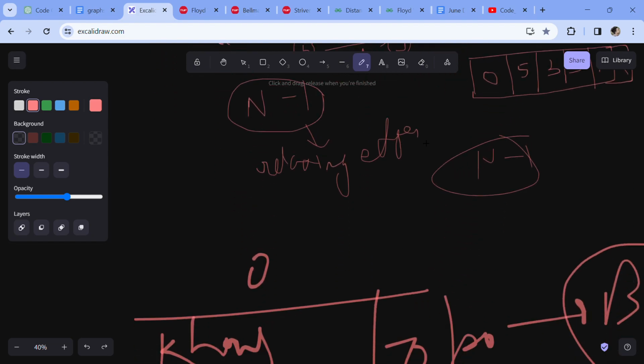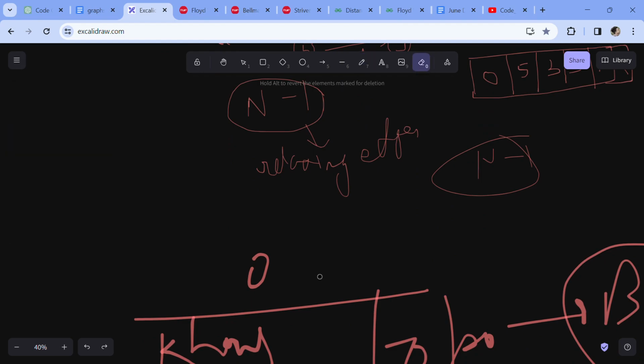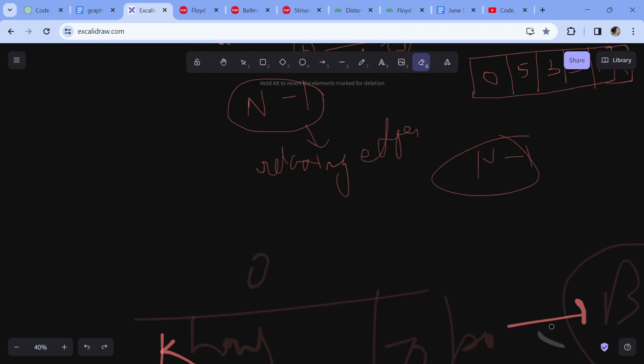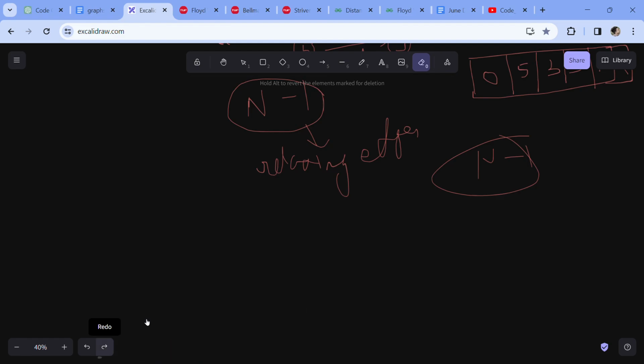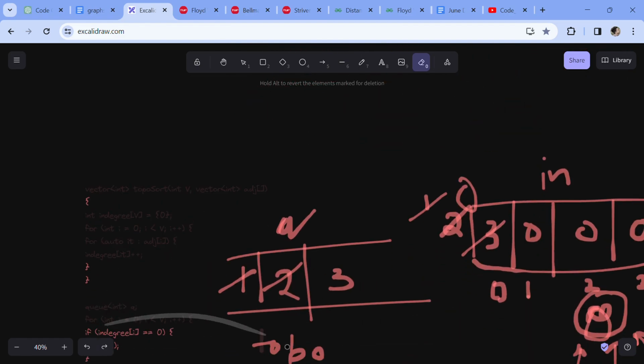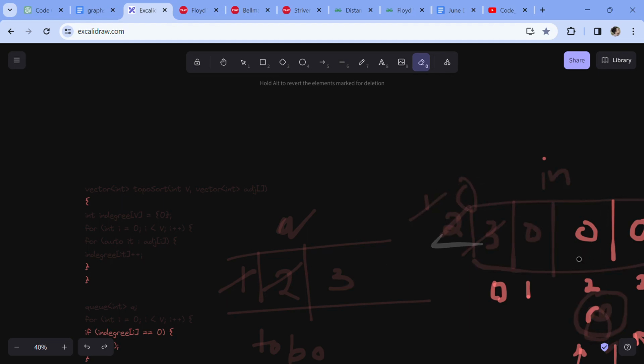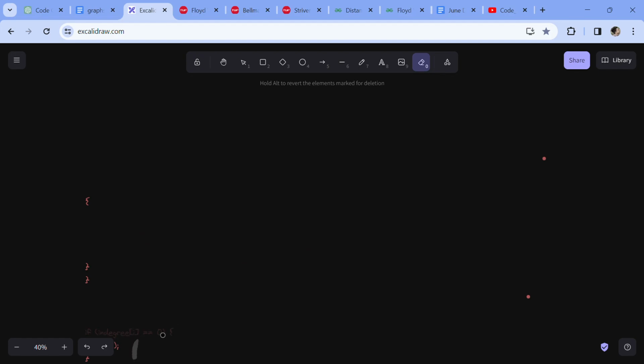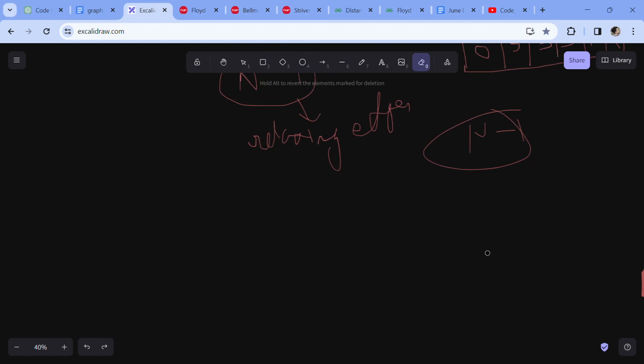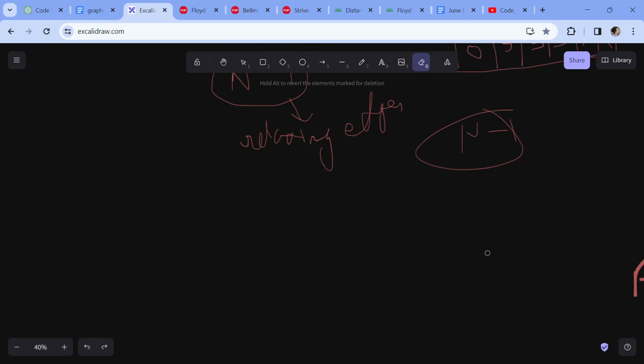And another concept in this algorithm is how we can detect a negative cycle in a graph with the help of the Bellman-Ford algorithm. So what we will do, after doing n minus 1 iterations, is try to do another iteration, that is the nth iteration. If the nth iteration is possible for us to do, that indicates that there is a negative cycle present in that graph.